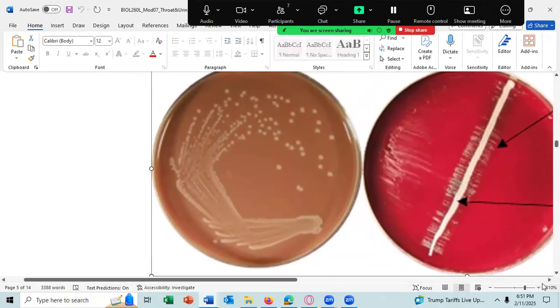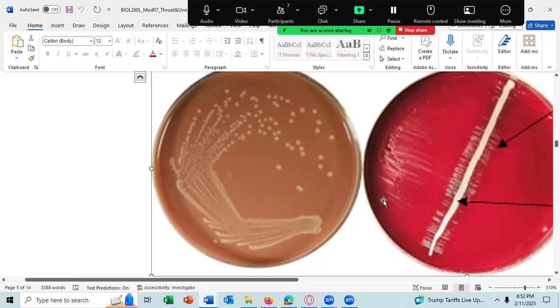Let me blow it up even further. And then you sterilize your loop and get your Haemophilus influenzae and then streak it perpendicular to the Staphylococcus aureus. And we're streaking at least all of this region. I can see the streak here. I don't know how far they went here, but at least they streak from here to there.